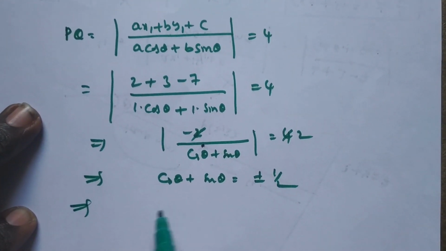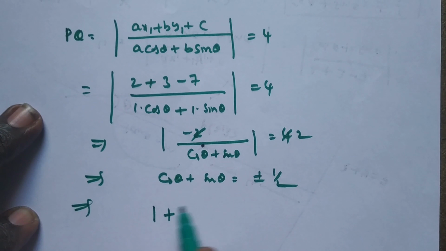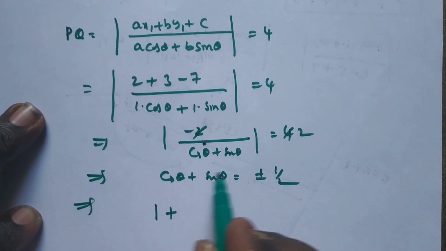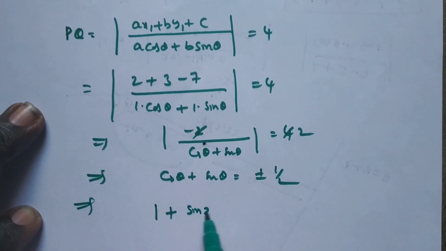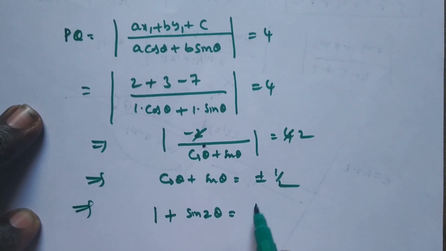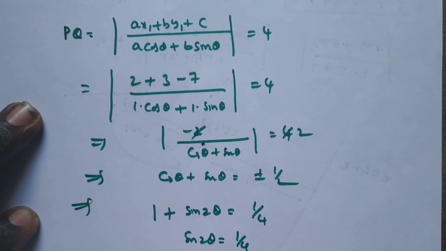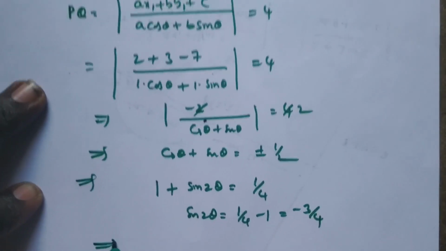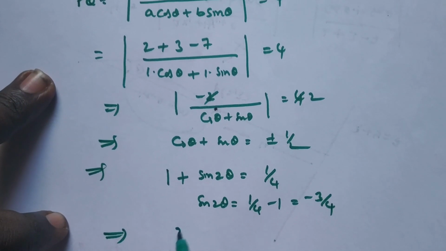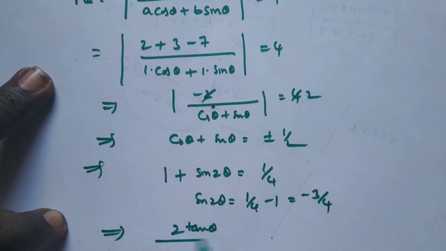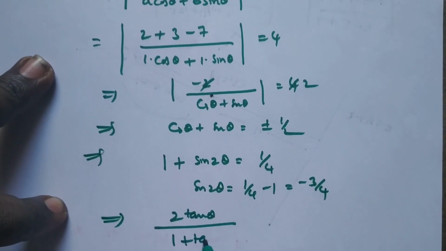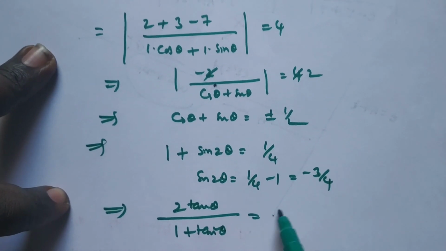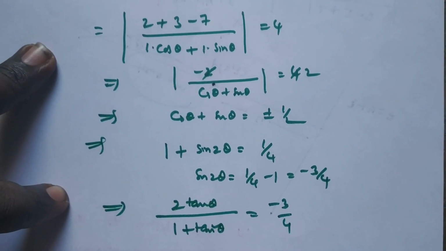Squaring on both sides, what happened? cos square theta plus sin square theta is 1, plus 2 sin theta cos theta, that is sin 2 theta, equals 1 by 4. So sin 2 theta equals 1 by 4 minus 1, that is minus 3 by 4. This implies sin 2 theta, which can be written as 2 tan theta by 1 plus tan square theta, is equal to minus 3 by 4.